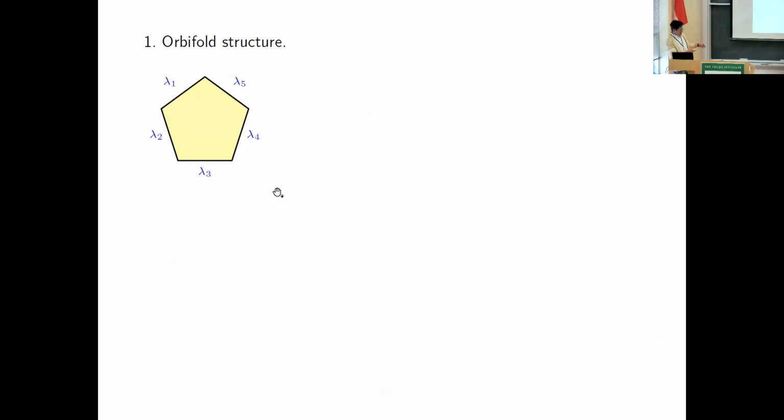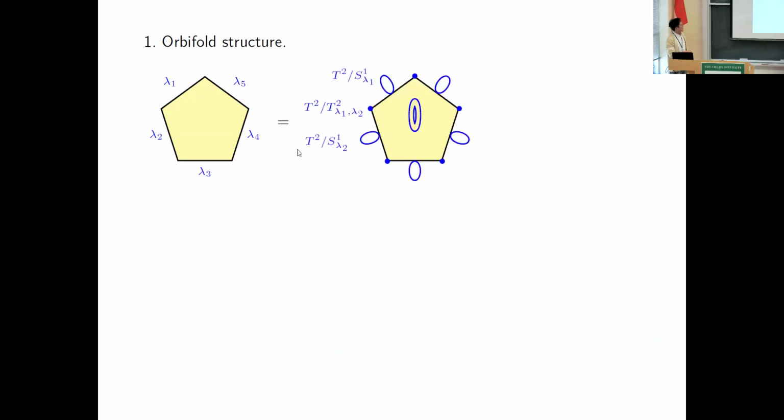Okay, so what is good about this picture is that you can see some orbifold structure from it. So this is a pentagon, and this is the picture I drew before. If you look at some local neighborhood of this vertex, then according to the previous topological model presentation, that gives me some neighborhood times torus modulo relation given by the lambda vectors, right?